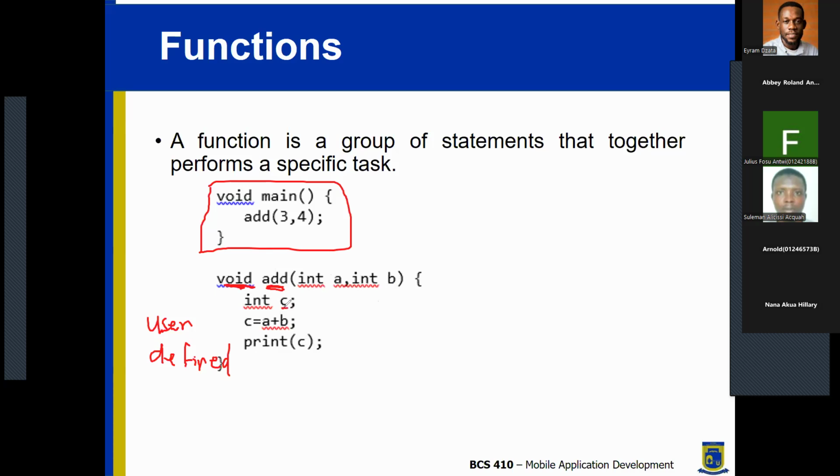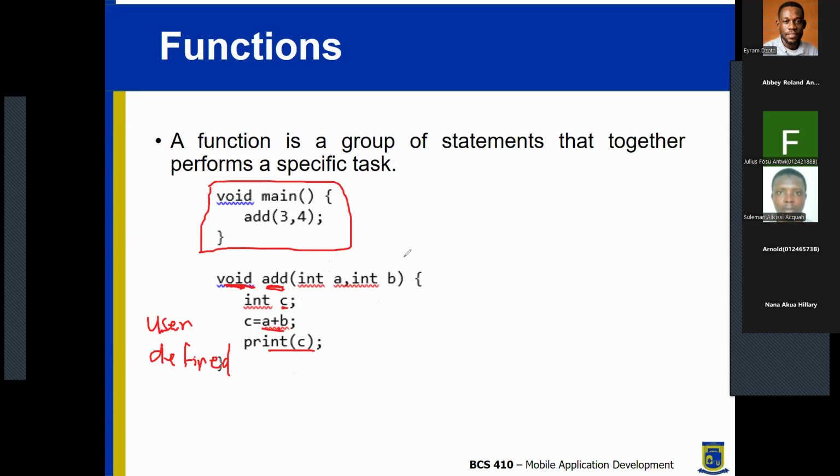Then we introduce C, the location where the value of A plus B will be stored. We do A plus B equals C, and then we print C.